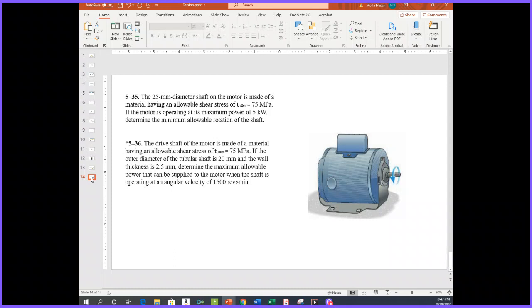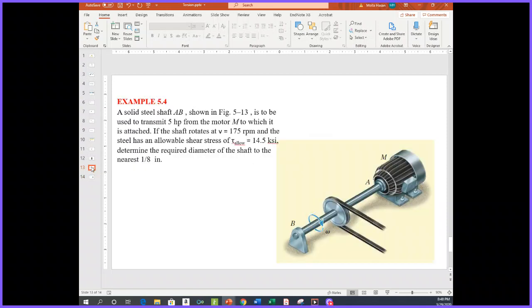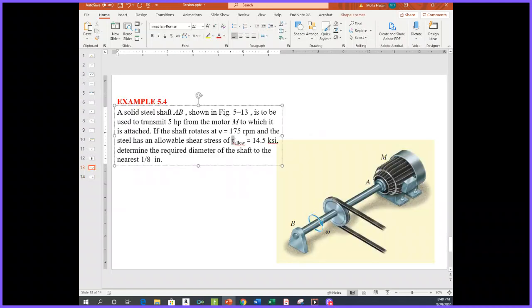The 25 millimeter diameter shaft on the motor is made of a material which has an allowable shear stress of 75 megapascal. Sorry, here the T should actually be tau.